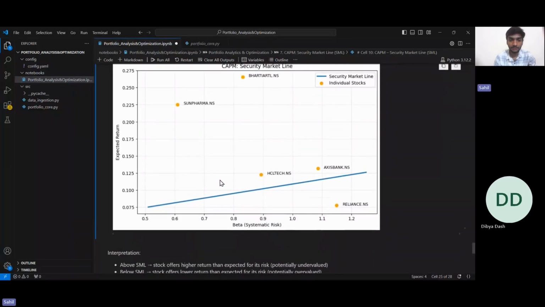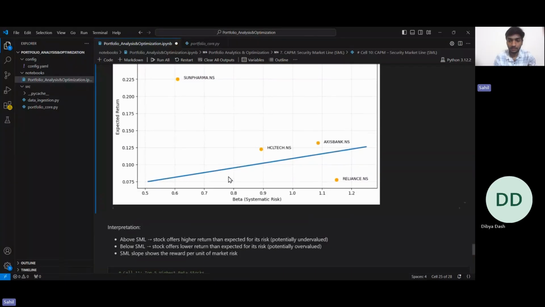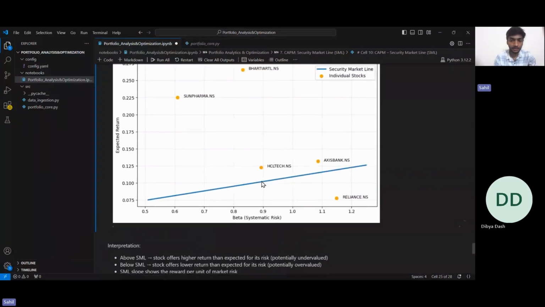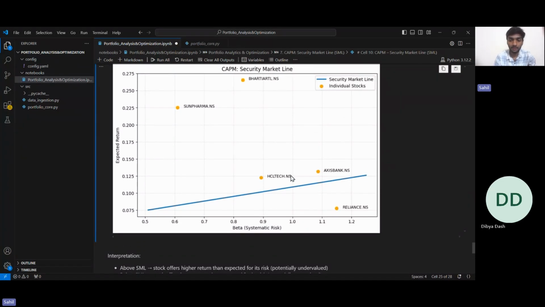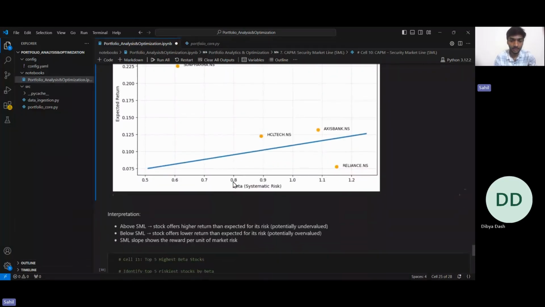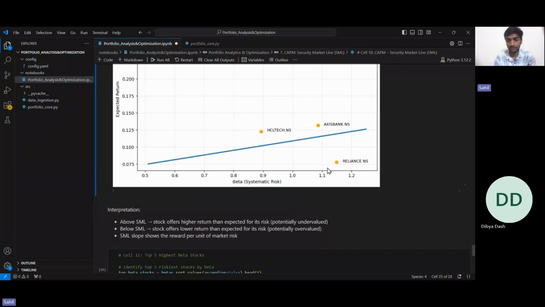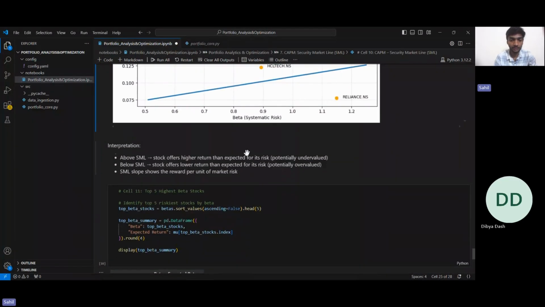So here we can see that the stocks which lie above this line usually offer higher return than their expected risk. So they are potentially undervalued stocks, and it's good to invest in those stocks. And the stocks lying below this line are overvalued stocks, so it's good to avoid these stocks.